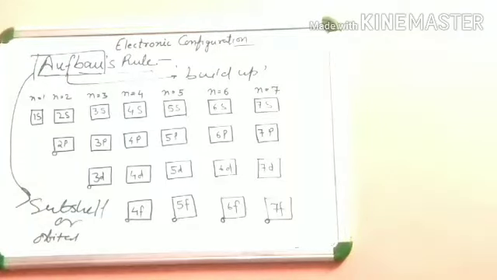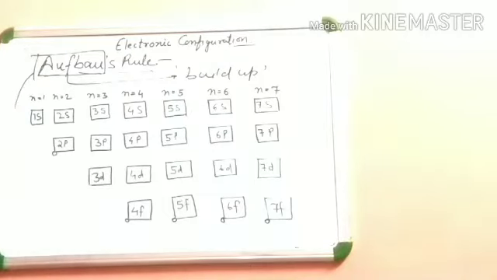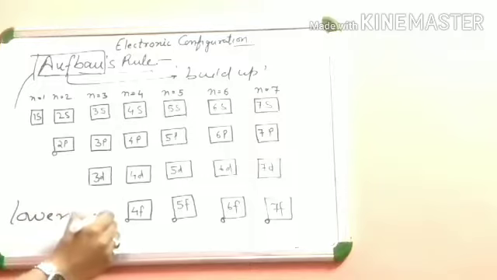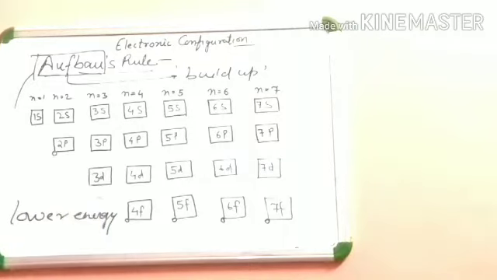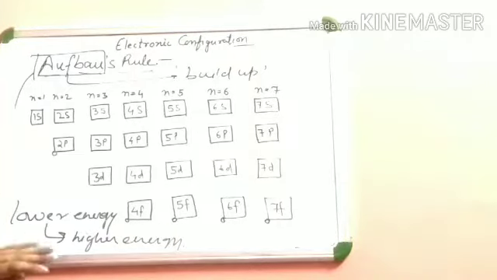According to this rule, electrons first occupy the orbitals of lower energy, and after that electrons occupy the orbitals of higher energy.